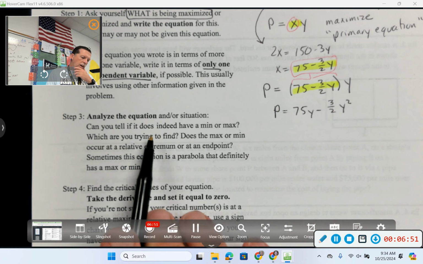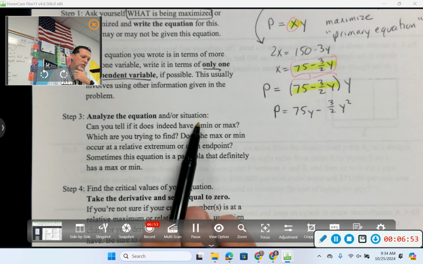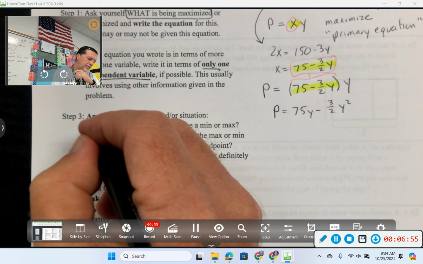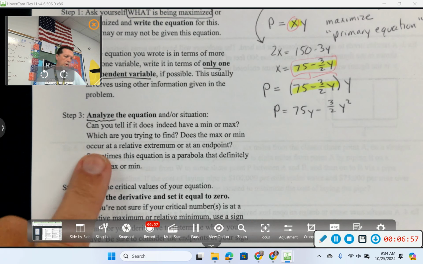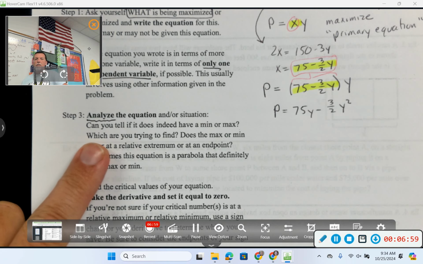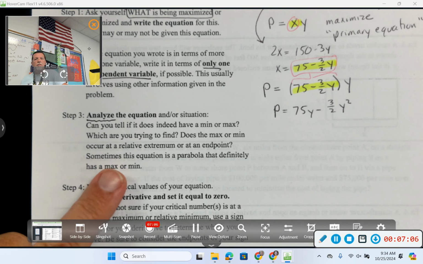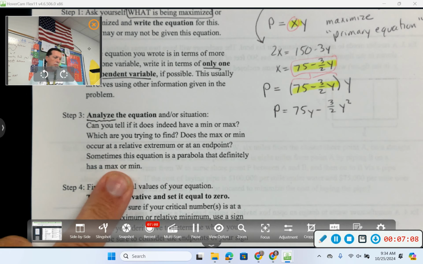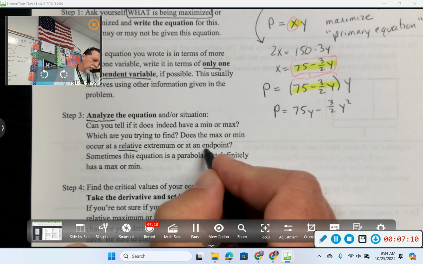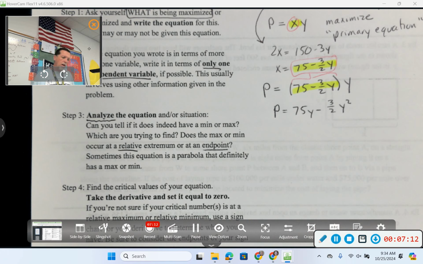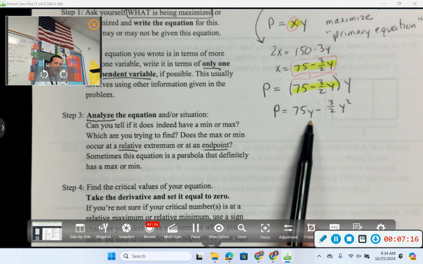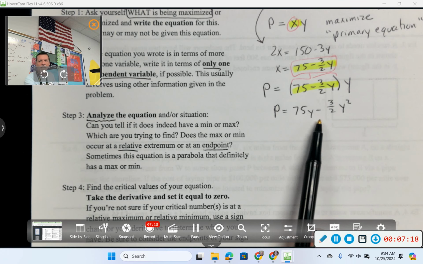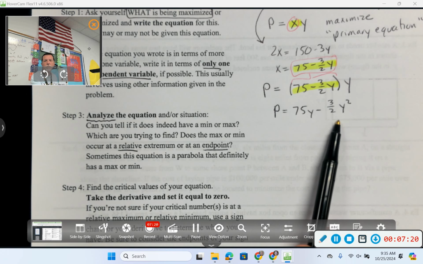Step 3, analyze the equation or situation. That's an all-encompassing word there, but some questions to think about. Can you tell if it does indeed have a min or a max? Which are you trying to find? Does the min or max occur at a relative extrema versus an endpoint? So you just have to think a little bit. What shape is this thing? 75y minus 3 halves y squared.